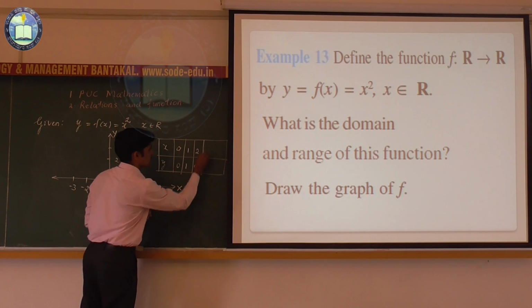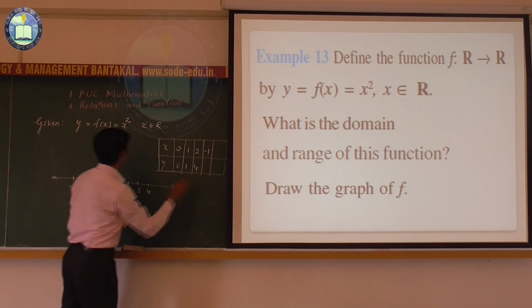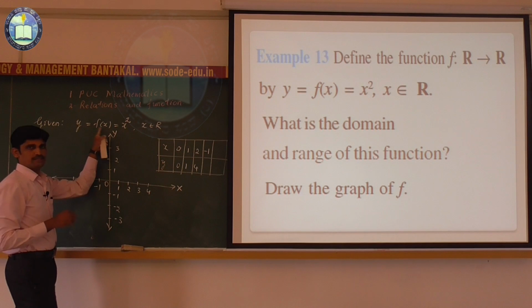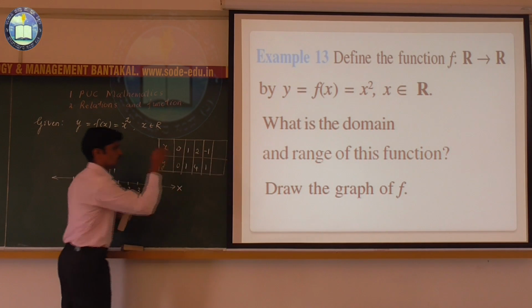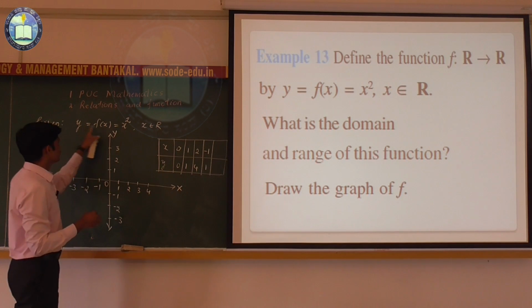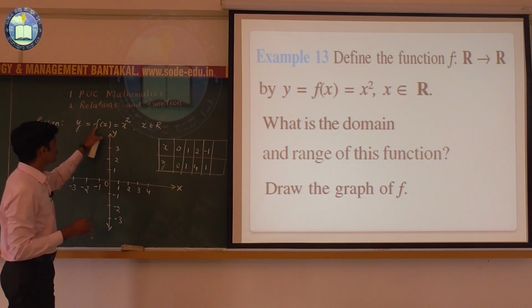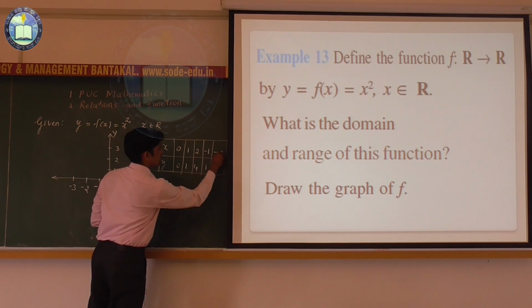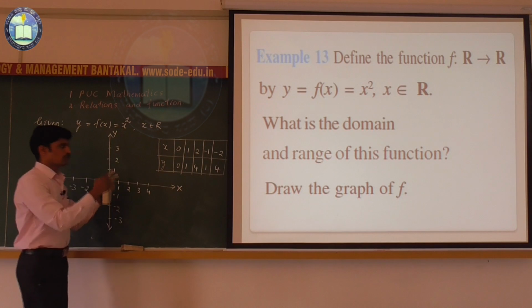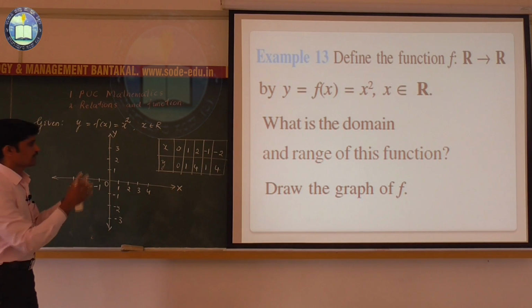And if we give x is equal to minus 1, then y is equal to f of minus 1 is equal to minus 1 square, which is also equal to 1. And if we give x is equal to minus 2, y is equal to f of minus 2 is equal to minus 2 square, which is equal to 4. So with these points on the graph, we can obtain the graph of the function.